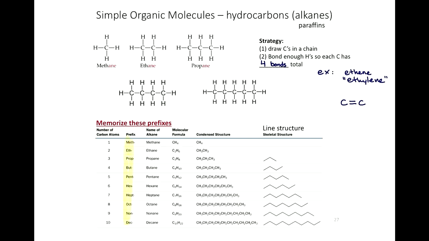I want you to know that meth means 1 carbon. Eth means 2. Prop means 3. And so when we add the ane ending, that just means we add enough hydrogens so all those carbon atoms have 4 bonds. So if you look at any one of these carbons in these molecules, there's always 4 bonds to that carbon atom. All right?